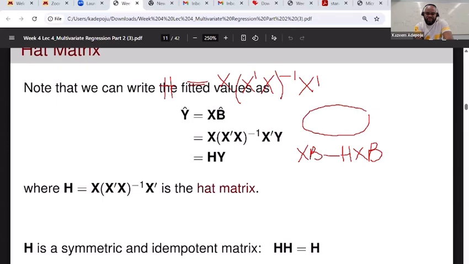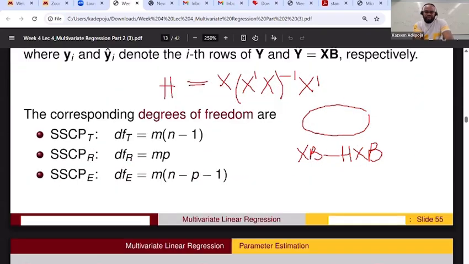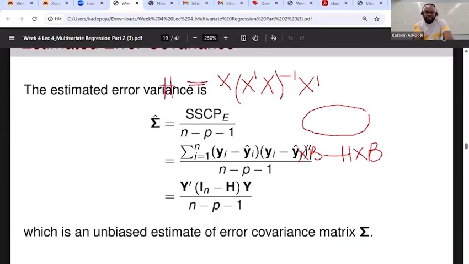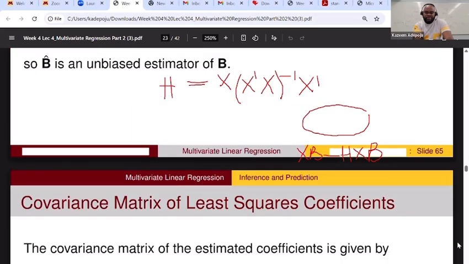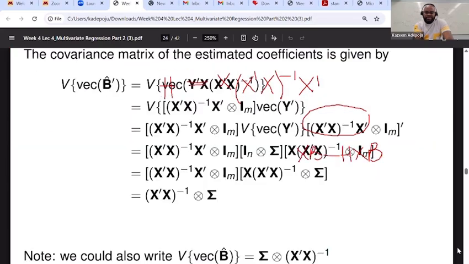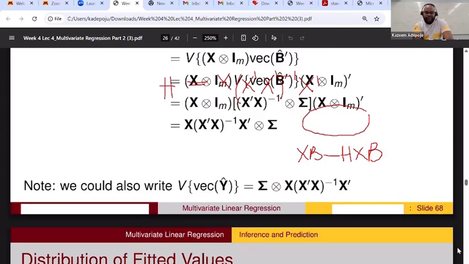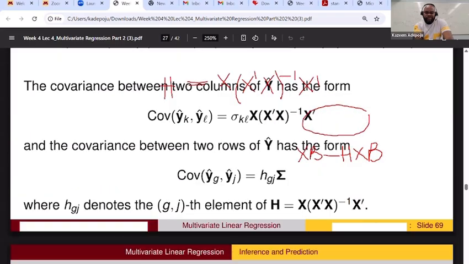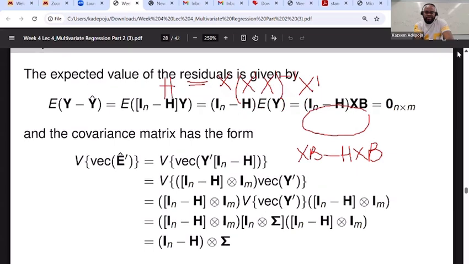Now, if you go down to where we are at the moment, it's going to make a whole lot of sense.